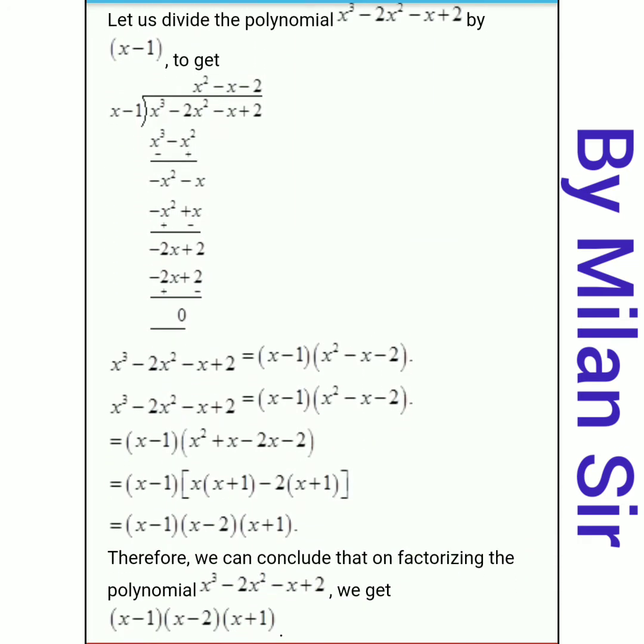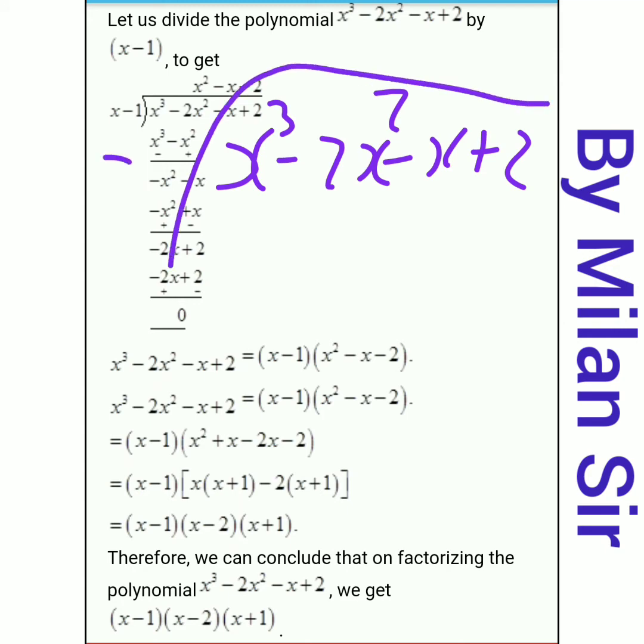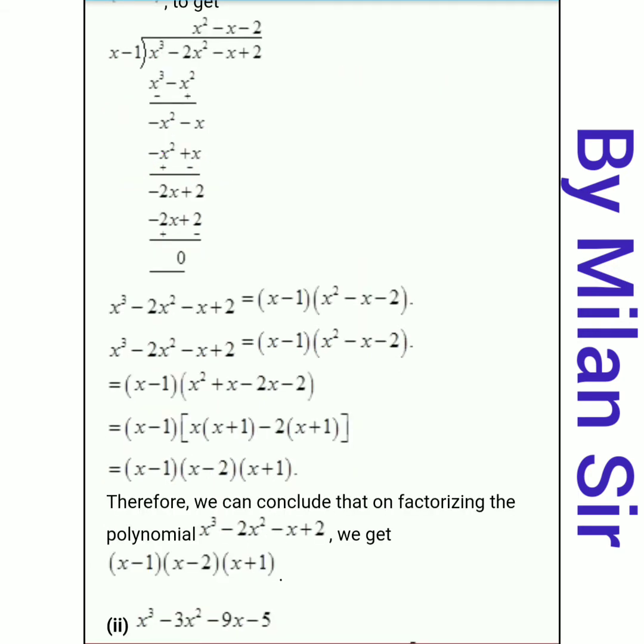Now how can we find the other factors? We have two methods. First of all, we can use the division method. That means divide our original polynomial by its first factor, x minus 1. Before the explanation of this division, you need to understand simple division.